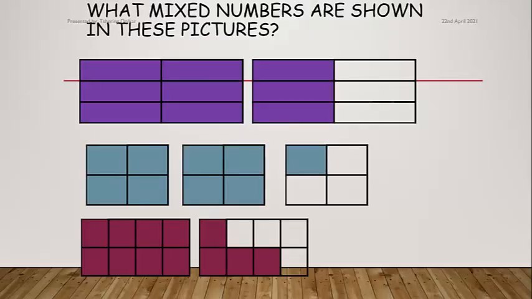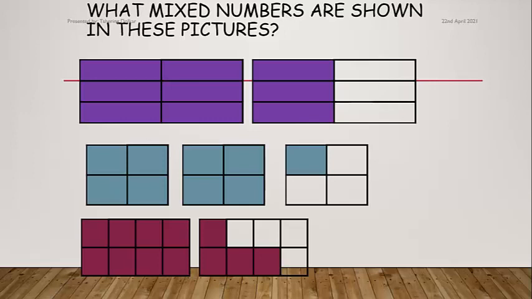Okay, now here we see 3 sets of pictures. All rectangle, but they are in 3 different sets. So if you look at the first one, here in the first one we see a rectangle is divided into 6 parts, and then the first one is fully shaded, and if you look at the second part, we see 3 parts shaded out of 6.